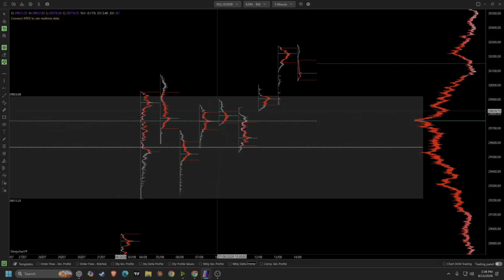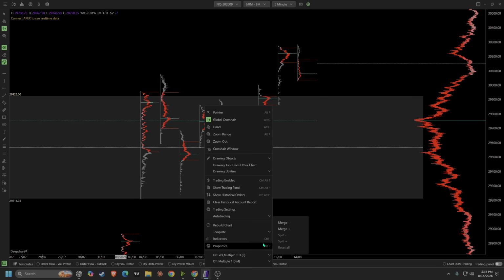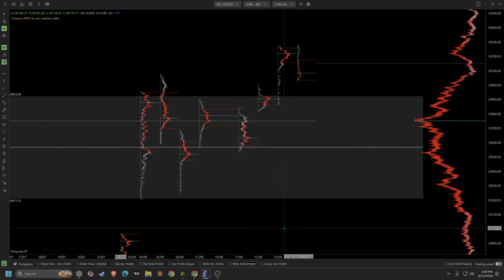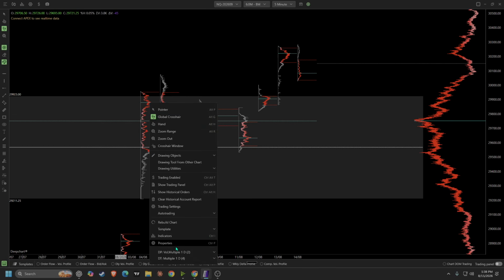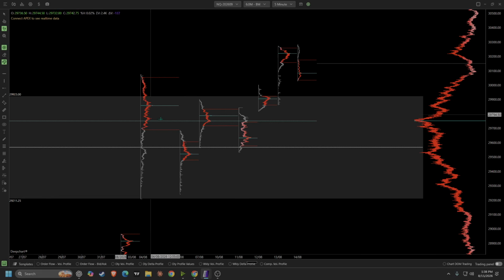Because they are boxed, the value areas are kind of within each other, we could merge them together to create one profile. You might be able to do it with this one too, right here. We could merge these together. It just makes things a little bit simpler to create one profile.